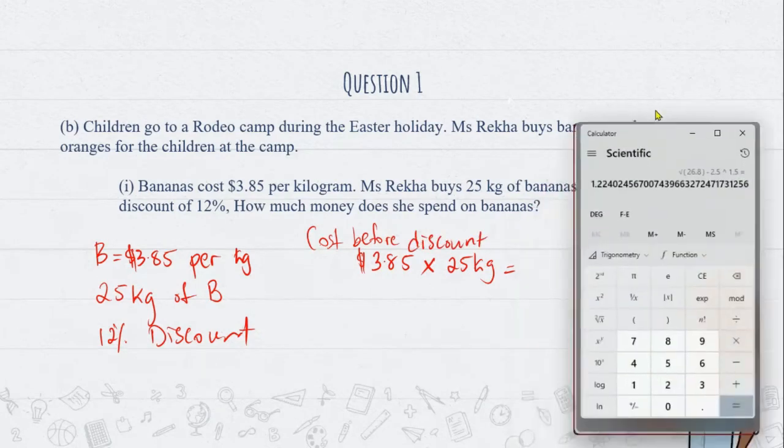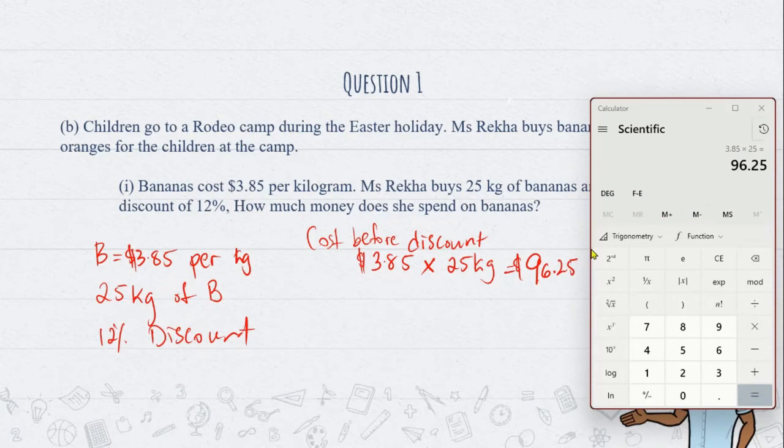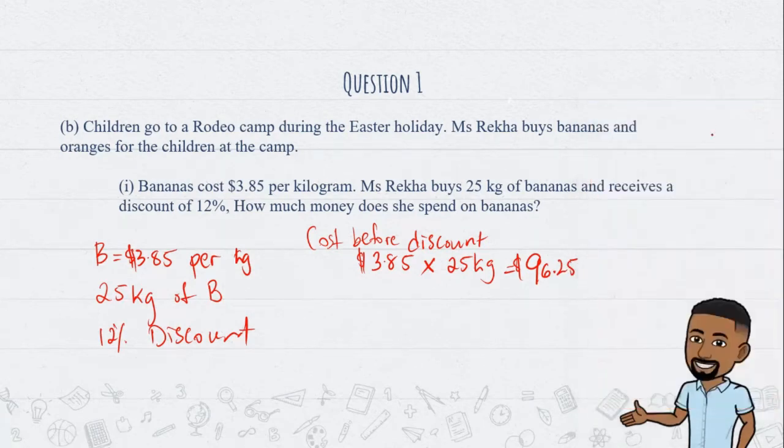Alright, so let me get my calculator again. So on my calculator I'm going to type in the values 3.85 multiplied by 25, and that's $96.25. So that's the cost before discount.